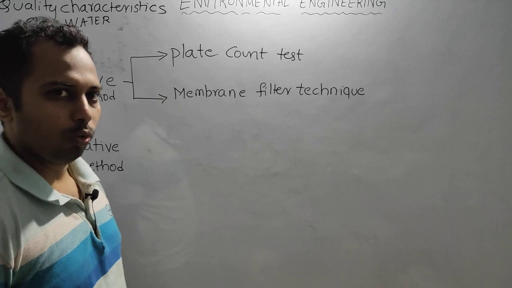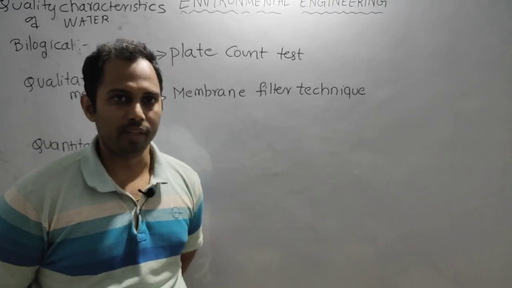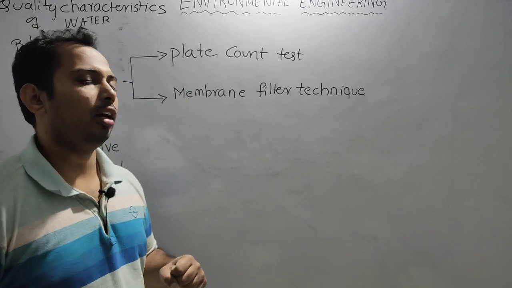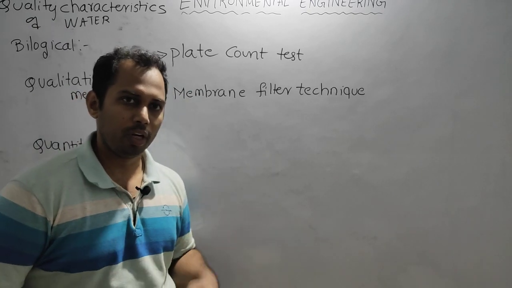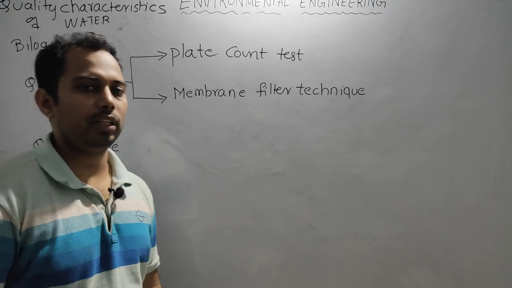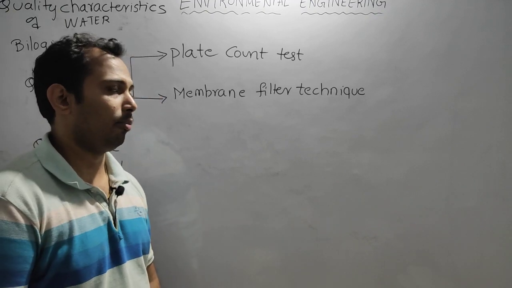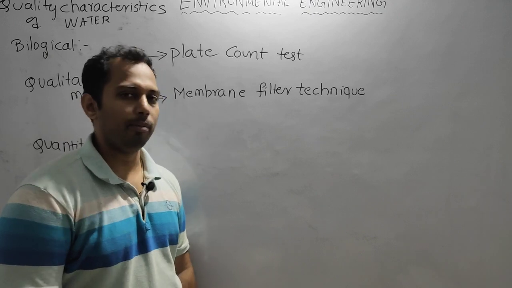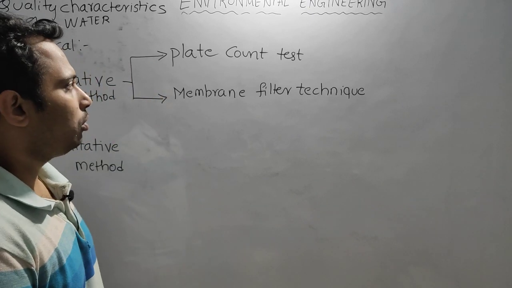If they grow, they will form colonies, which can be easily observed in a microscope. If a single microorganism is present, it is difficult to understand its behavior, but if you look at a group, the group behavior can be easily observed. That is what we do here.